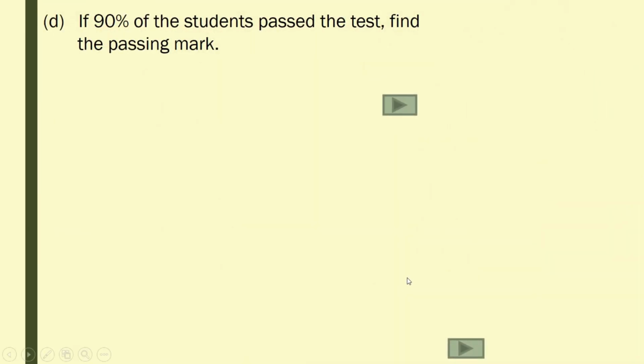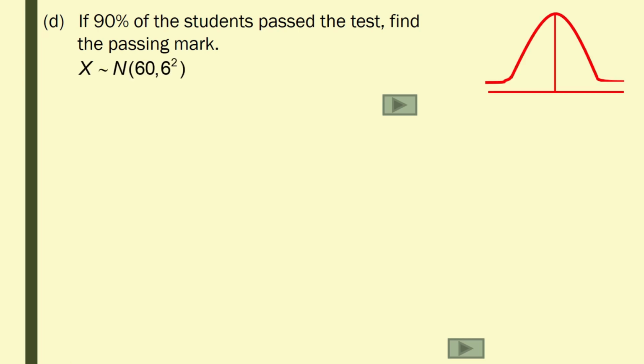D. If 90% of the students pass the test, find the passing mark. From the question, we draw the X distribution. Okay, we know at the right side the students will pass and the left side the students did not pass. And the area is 90%. So we draw a line in the left side.